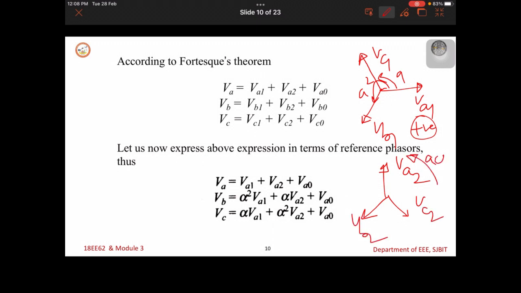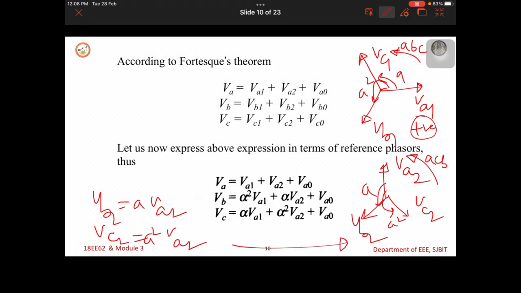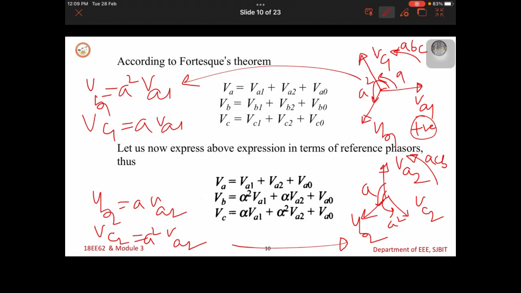Here the sequence is ACB, while the naming will be clockwise. So this is A, this is A square. VB2 is A times VA2, and VC2 is A square times VA2. From this we can write VB1 as A square VA1, VC1 as A times VA1. So, by having this we can write the relation between the unbalanced phasors and the balanced phasors.